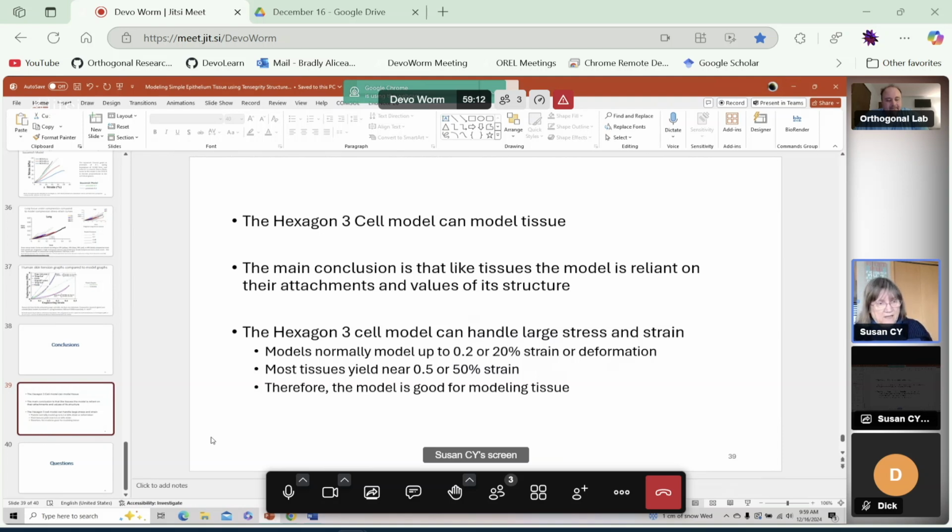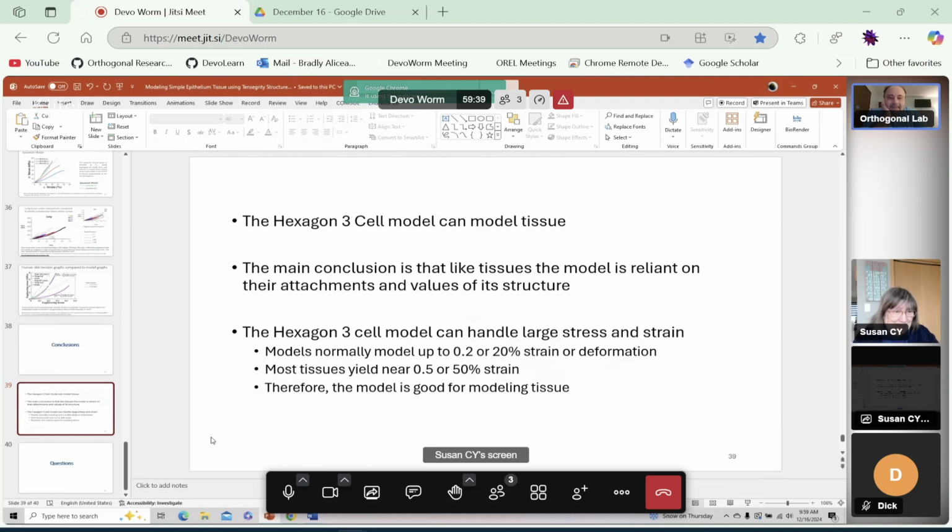I can't answer that because elasticity is in newtons per meter squared, and my springs are in newtons per meter. So I don't know over what area these springs are acting. They're a point source in a model. So what would you like to know about my conclusions?